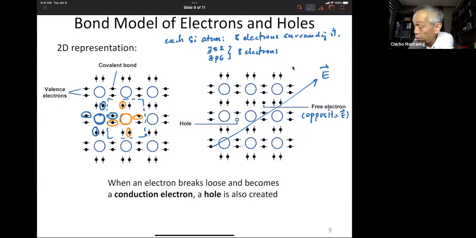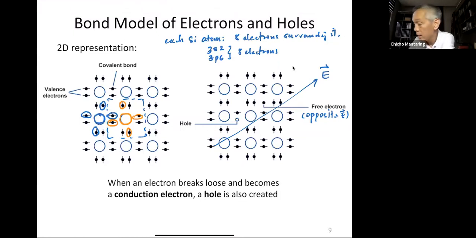Now, what about this hole? It is a hole, so the hole itself will not move. But it is possible that you have, for example, this particular atom. It is not in the conduction band.